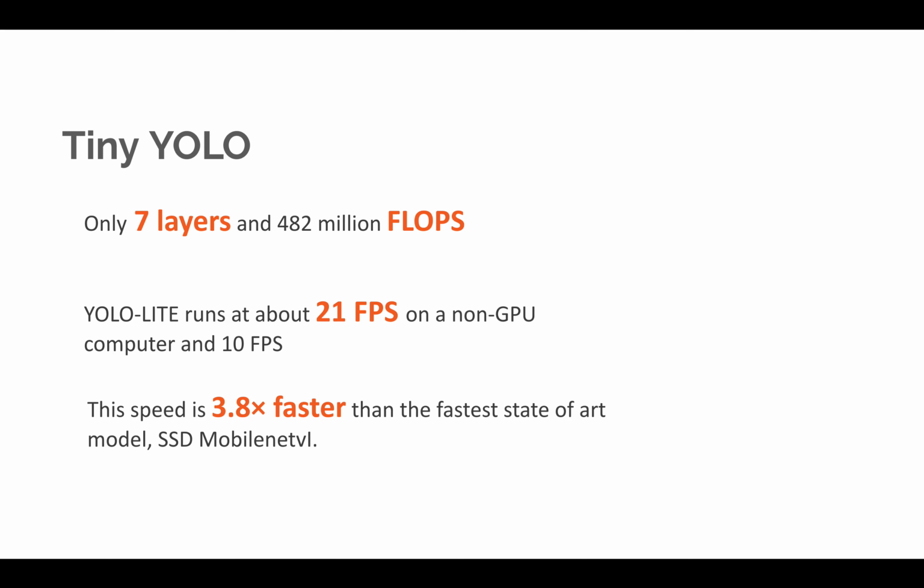Why tiny YOLO? In YOLO we have different kinds of networks available, like tiny YOLO, YOLO 2, YOLO 3, and advanced ones also. But YOLO 3 has many layers, and YOLO 2 also has many layers.